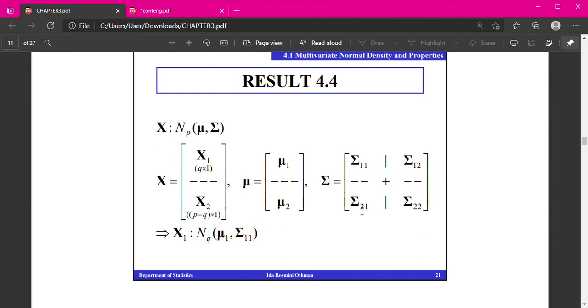Sigma 12 dan sigma 21 ni. Sigma 12 ni adalah covariance matrix untuk X1, X2. Di sini untuk X1 saja, di sini untuk X2 saja. Di sini covariance untuk X1, X2. Okay, covariance untuk group X1 dan X2.